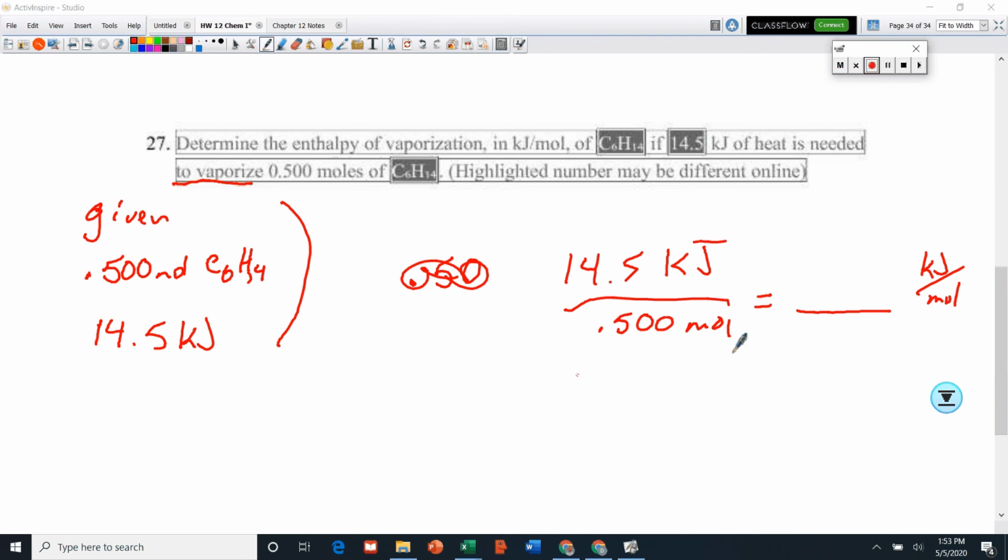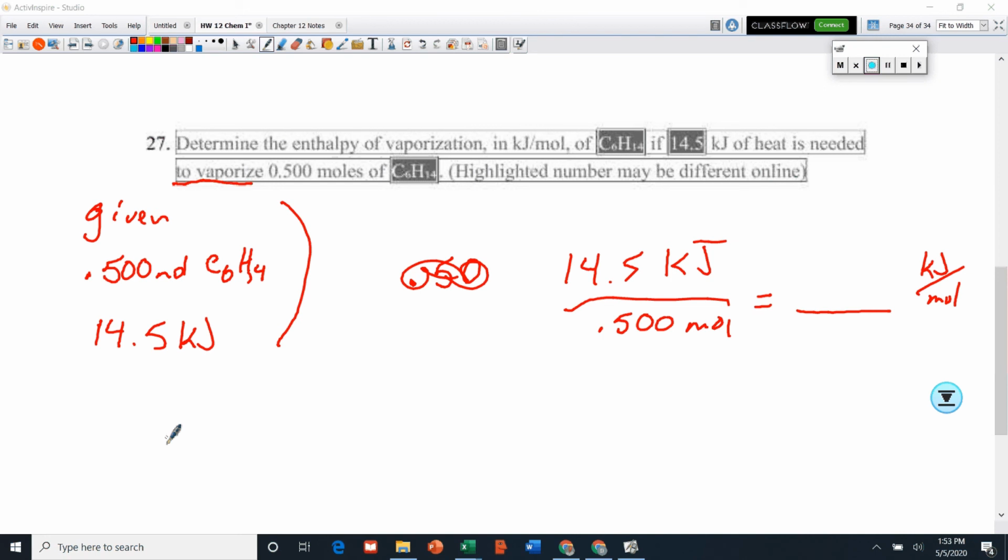Yeah, so if we do that, keeping in mind the information that we had, setting it up like this will give you an answer in kilojoules per mole. And it's as simple as that. And then we can go from there.